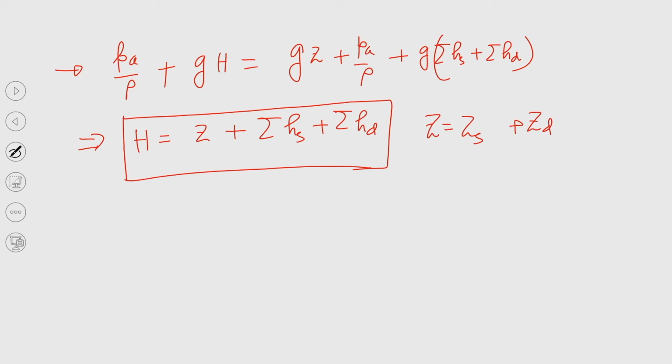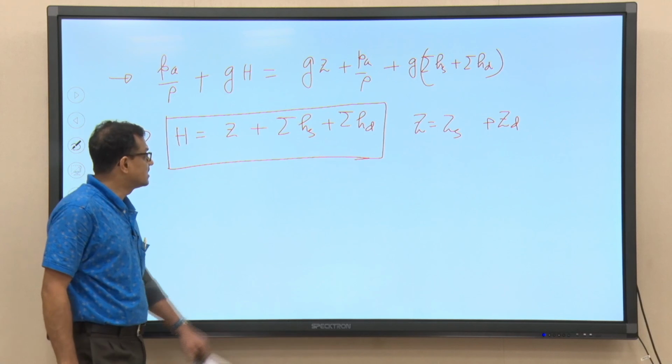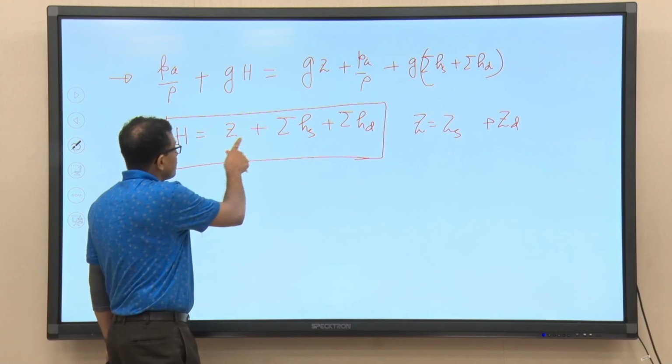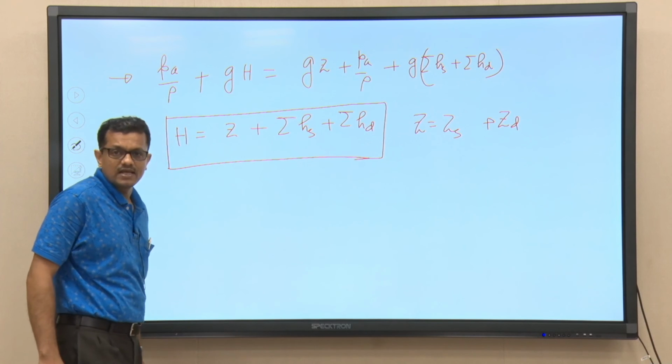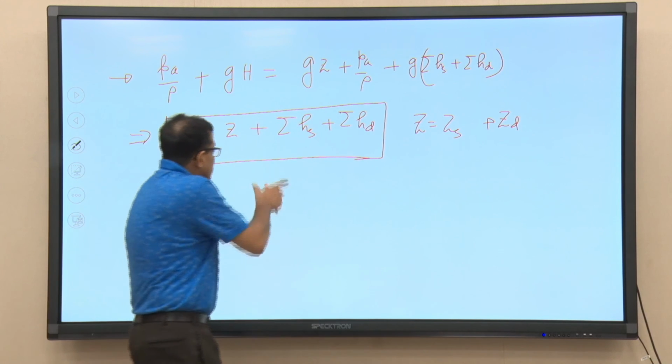Okay. So, till now we have been able to establish the expression of the head that will be developed by the pump, that is nothing but Z plus Hs plus Hd.